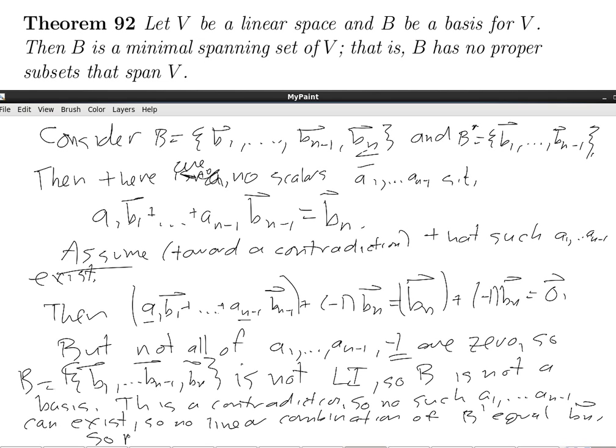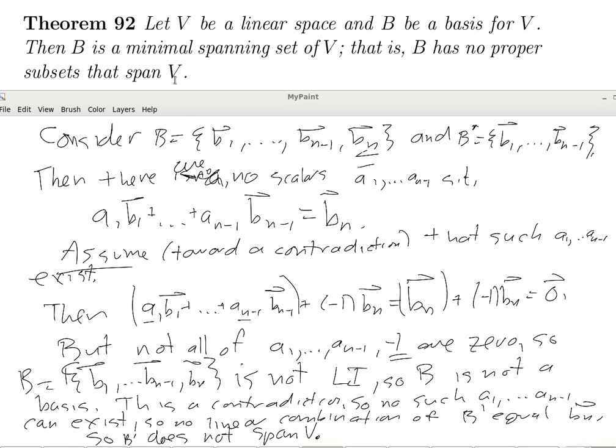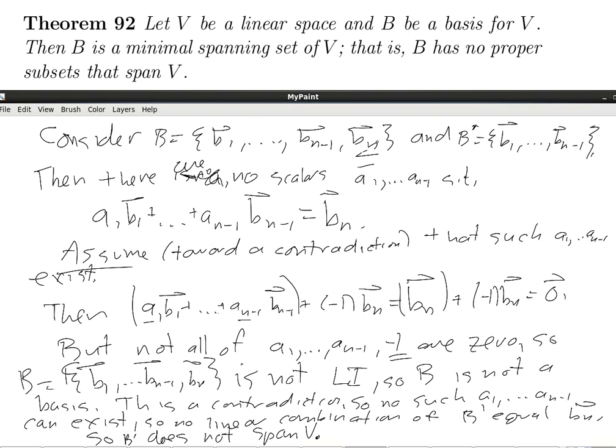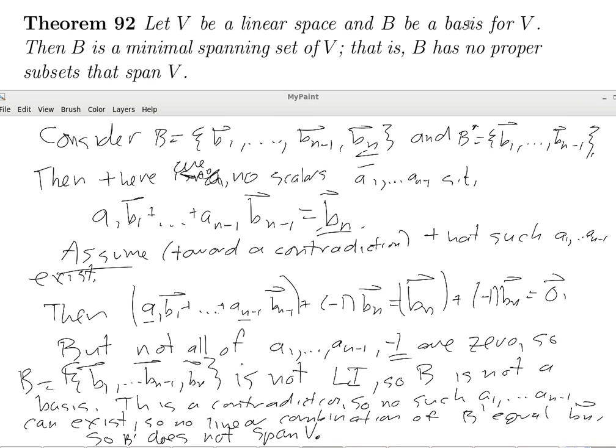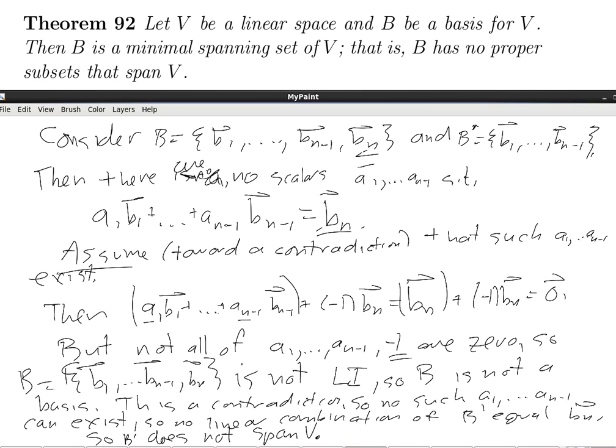So B prime does not span V. And that's exactly what we're trying to show. We're trying to show that you have no proper subset that spans V. So if I throw out one element even, I can't make that element. Because if I could make it, then I'd do this, and I'd have that the original set was not linearly independent, so it's not a basis. But it is a basis, so that means I can't have these elements.